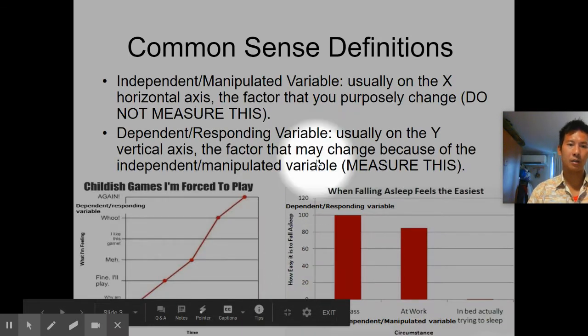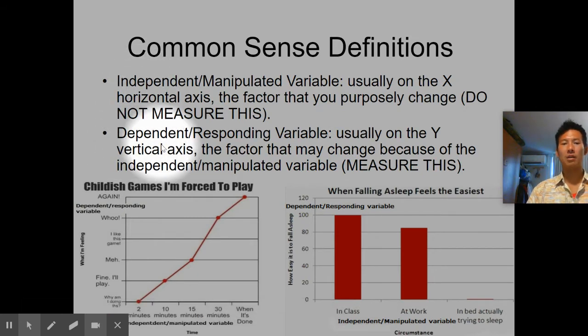Next, your independent and dependent variables. Now, to help you remember, people use DRY MIX. Dry: dependent, responding, usually on the y-axis. And mix: manipulated, independent, usually on the x-axis. If this confuses you, don't think about it. Now, the independent variable is the variable that you control.